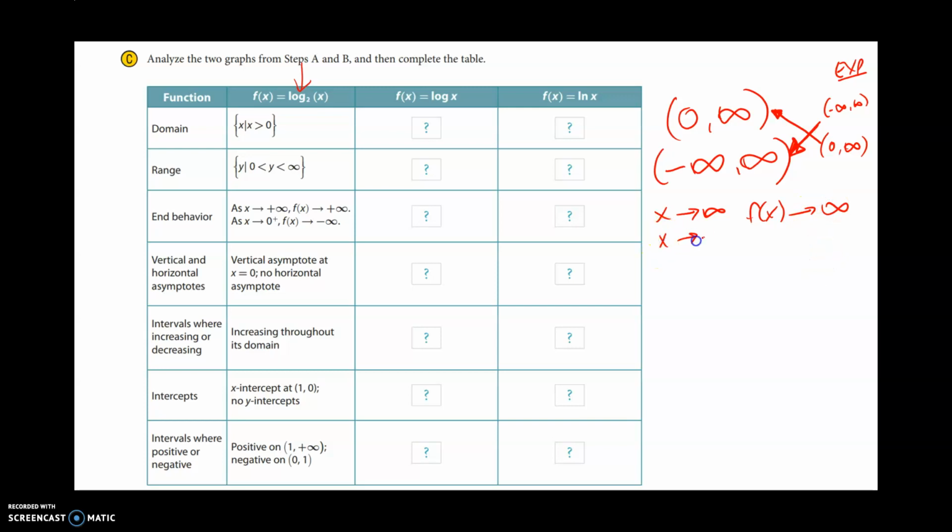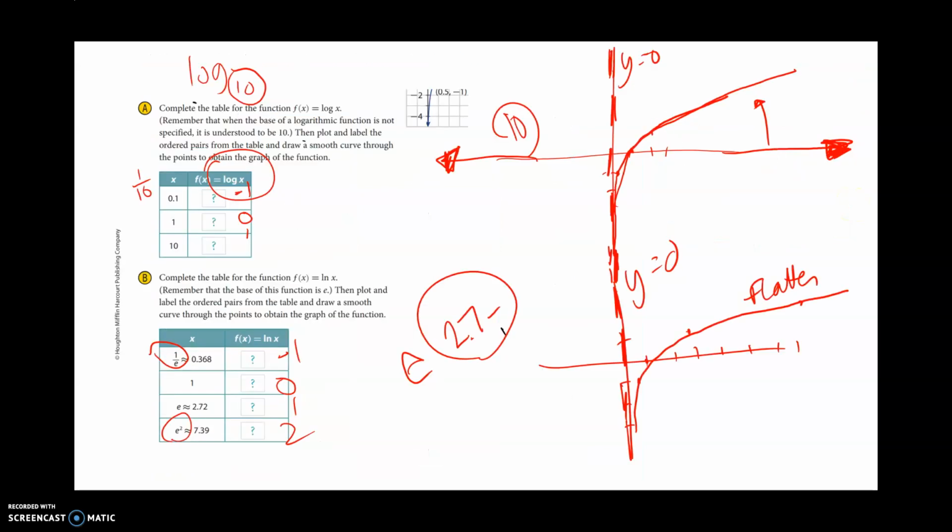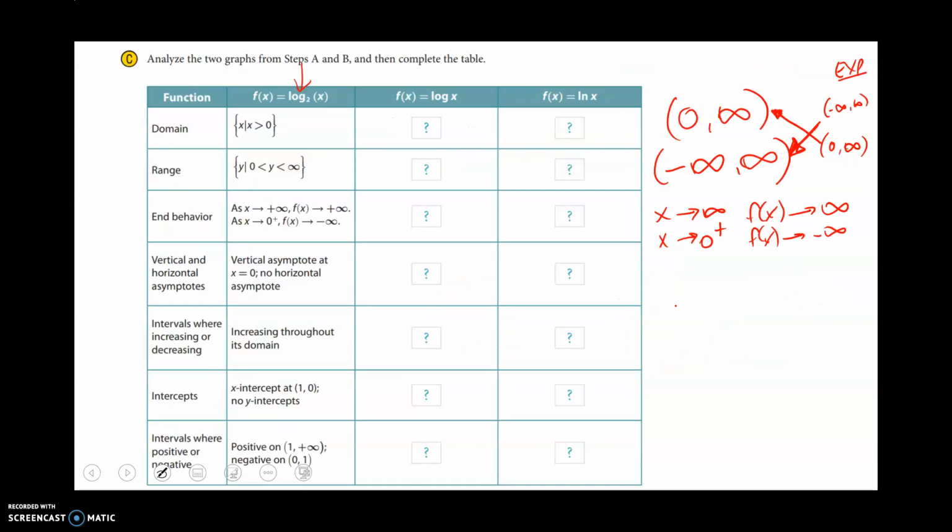As x approaches 0 from the positive side, because it can't be on the negative side, f of x approaches negative infinity. We have a vertical, oh, I've been calling this y equals 0, gang. This is x equals 0, isn't it? We have a vertical asymptote at x equals 0. No horizontal asymptote. That's different than the exponential functions, which had a horizontal asymptote but no vertical asymptote.